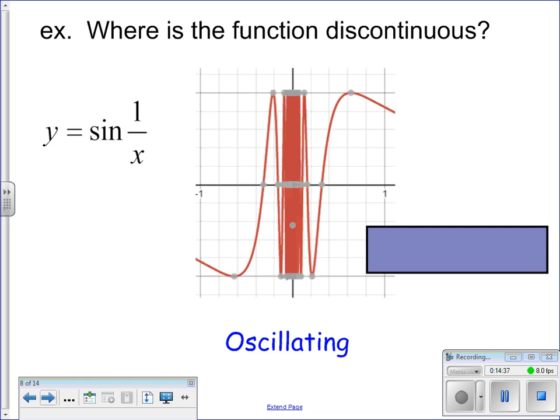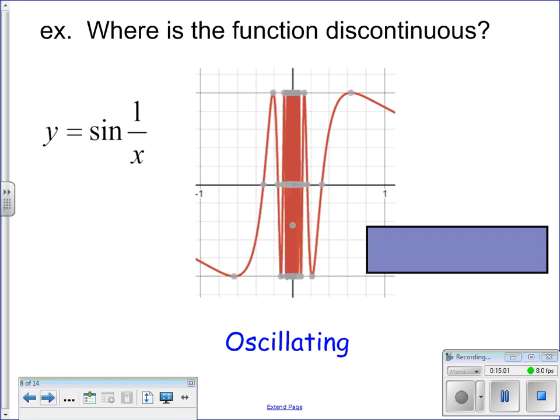And why is it important to know continuity? Because when we get to the derivative in chapter 3, one of the conditions for the derivative to exist is for the function to be continuous. If the function is not continuous at a particular point, you cannot take the derivative at that point.